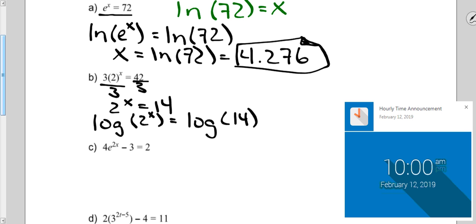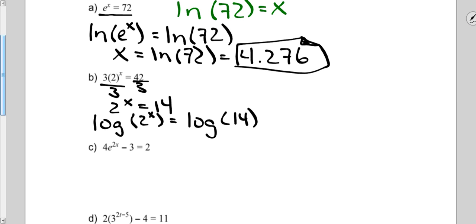What's the base of my exponent? No, what's the base of my exponent here? 2. So what should be the base of my log? 2. Log base 2 of that, 2 to the x equals log base 2 of 14. Right? Our bases should stay the same.